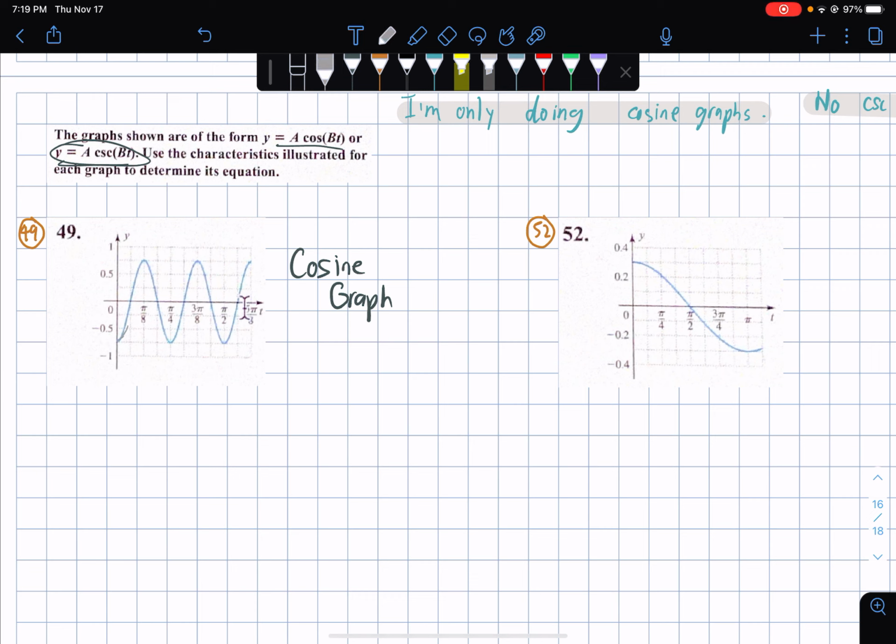As you can see, it starts from the negative value of an amplitude all the way to the top. This is definitely a negative cosine graph, because coming from the negative amplitude, you ascend. So starting from that is already obviously a negative cosine graph.